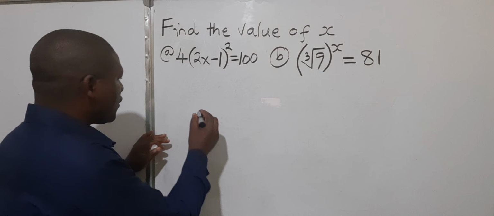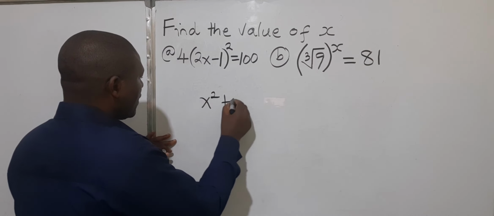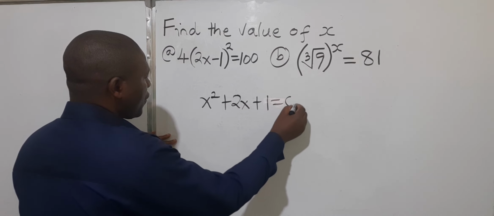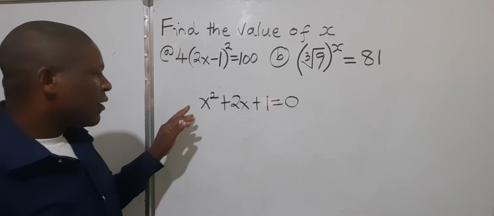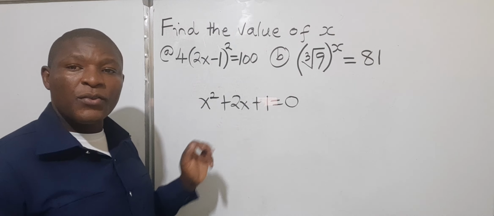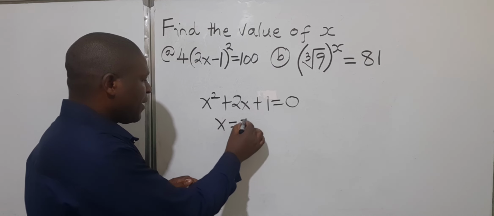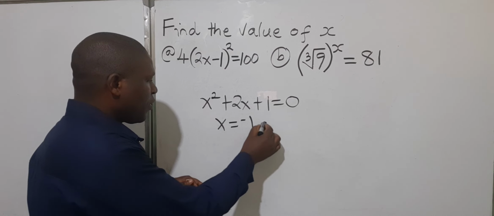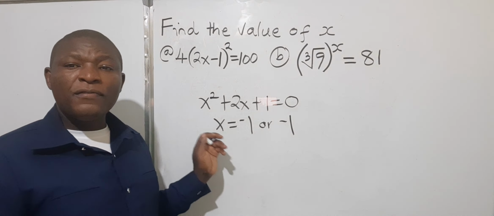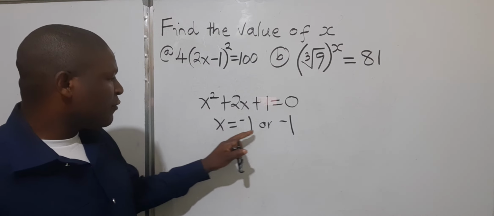An example of this equation: x squared plus 2x plus 1 equals 0. If you solve this quadratic equation, this is what you are going to have at the end of the day: x equals -1 or -1. This is only one value and not 2 values. Okay? This is just one value, -1 or -1.